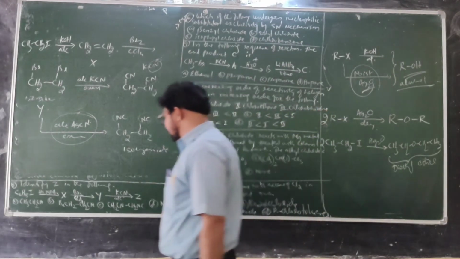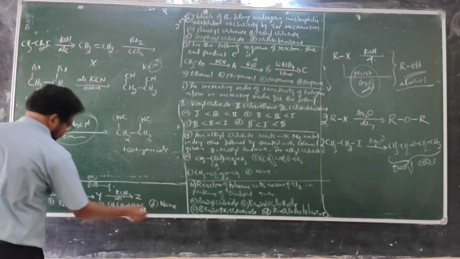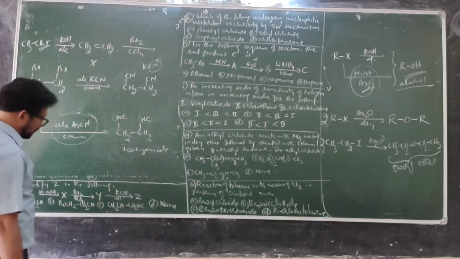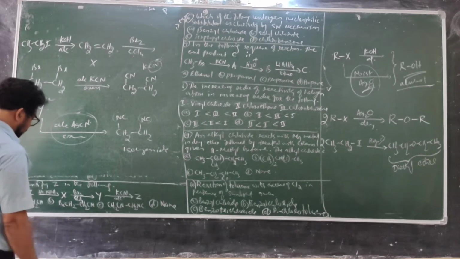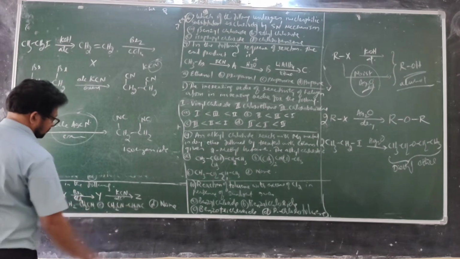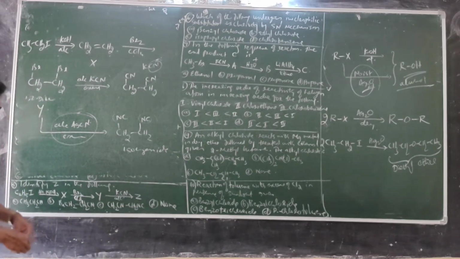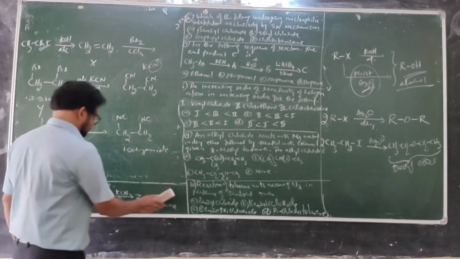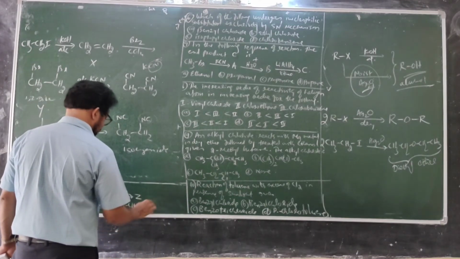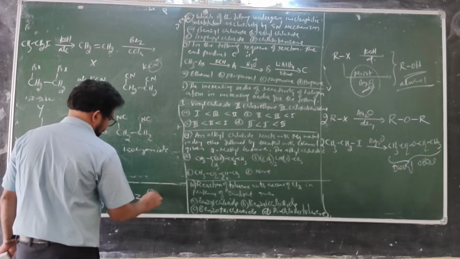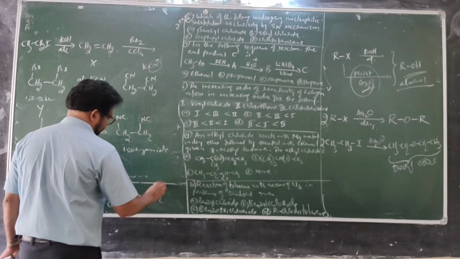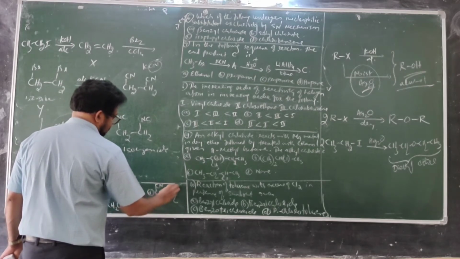So what is the final answer now? CH2CN, CH2NC, wrong. CH2Br, CH2CN, no. CH2CN, CH2NC, no. None of the products is having. So I will write option D as this one. What is that? D, CH2CN, CH2Cl.